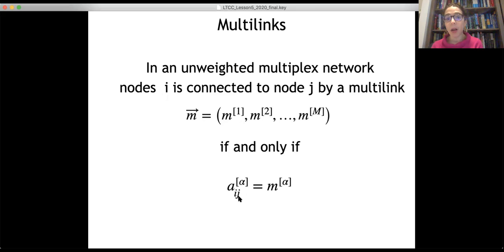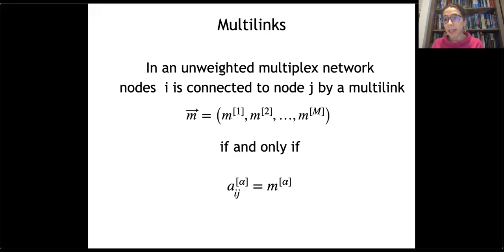So it will tell you if i and j are connected or not in layer alpha. But here really we are considering the class of multilinks. So we can consider, for instance, all the interactions in which the 2 connected nodes are connected only in layer 1, or all the interactions in which the 2 connected nodes are connected both in layer 1 and in layer 2.